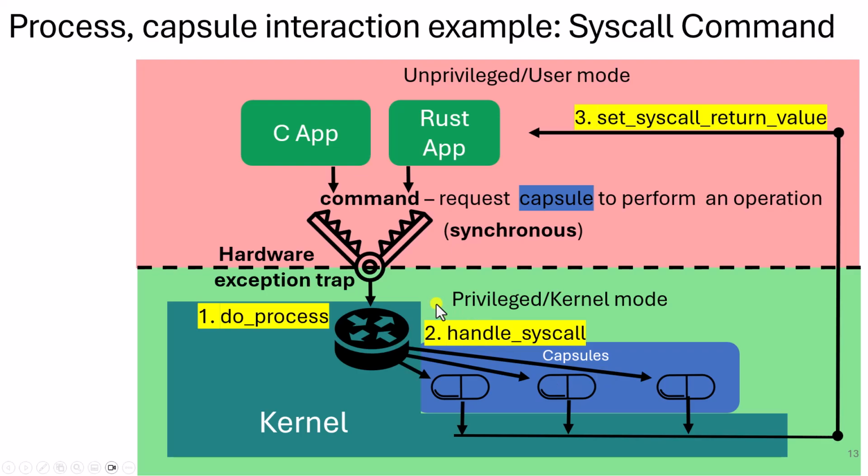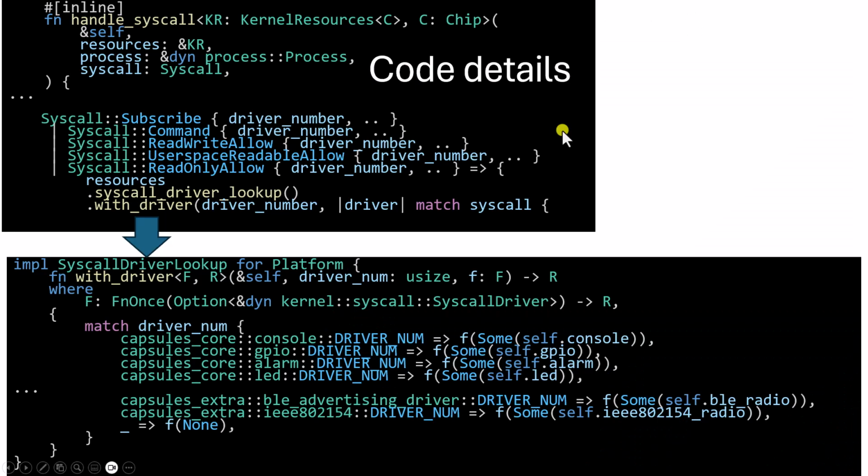We can, from here, point out a couple of the functions, but we'll take a look at the code to get a sense of how this is implemented in Rust. So the do process function calls the handle syscall, which is shown here, and that includes the user process that made the call and also the syscall itself that it used. And that syscall has a driver number.